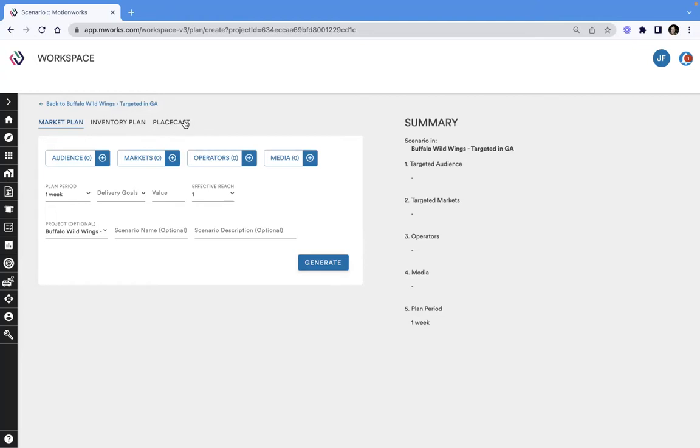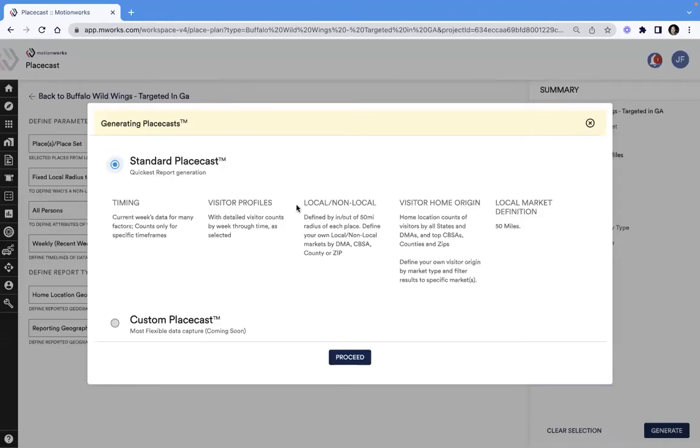But let's start with Placecast. Placecast provides those visitation insights for places, as we could see in Places Library, the rich database that exists there. And that fuels the ability to look at visitation detail and population intelligence relating to places.